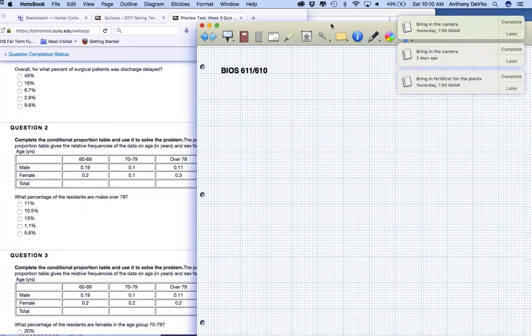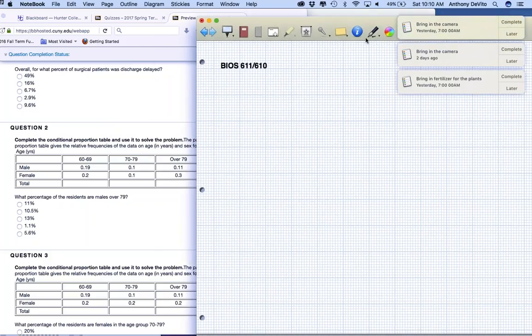Okay, so in this case, I know that the male proportion of the population is 0.19 plus 0.1 plus 0.11. Okay, so that's about 40% of the population was male.